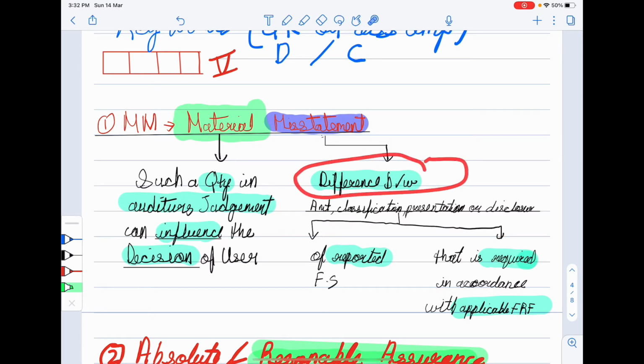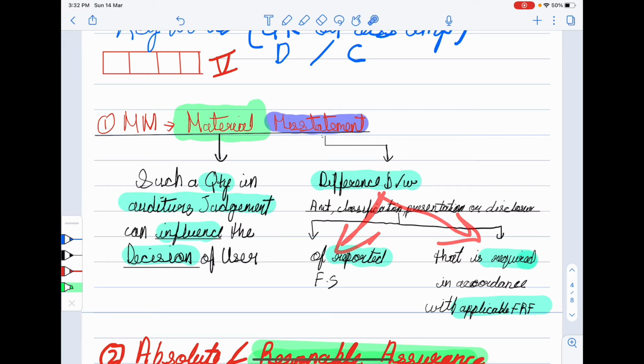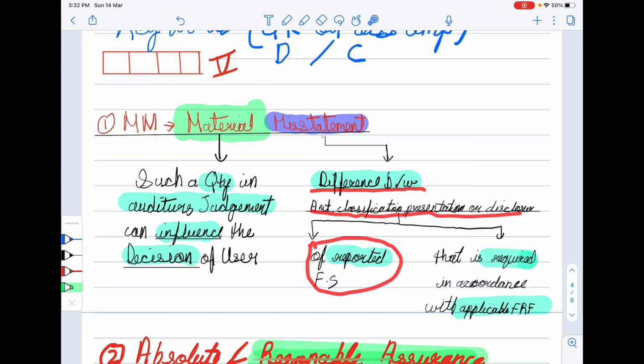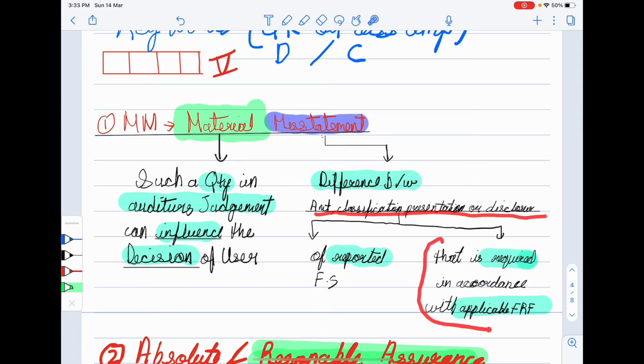It is the difference between the amount, classification, presentation and disclosure of the reported financial statement and that which is required in accordance with the FRF.